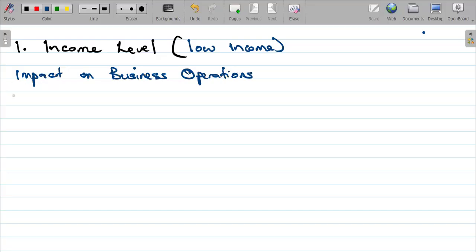You can find that low income reduces consumer purchasing power.